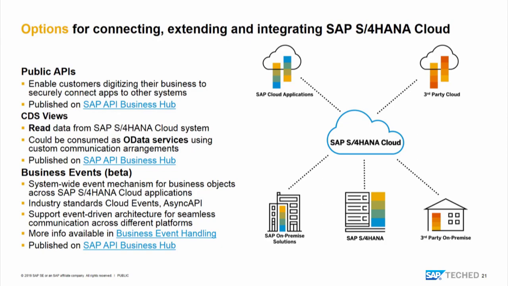So you should expect the SAP business events to conform to that standard probably in the first half or so next year. And then, of course, they will all be available for productive use, so they get out of beta sometime next year.